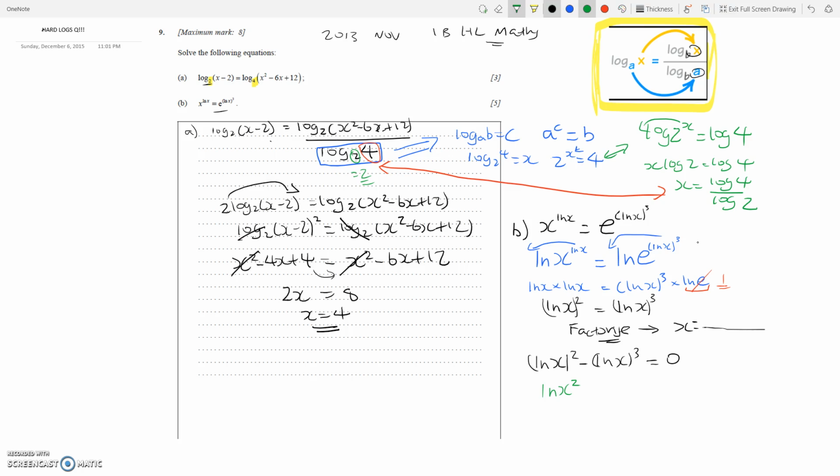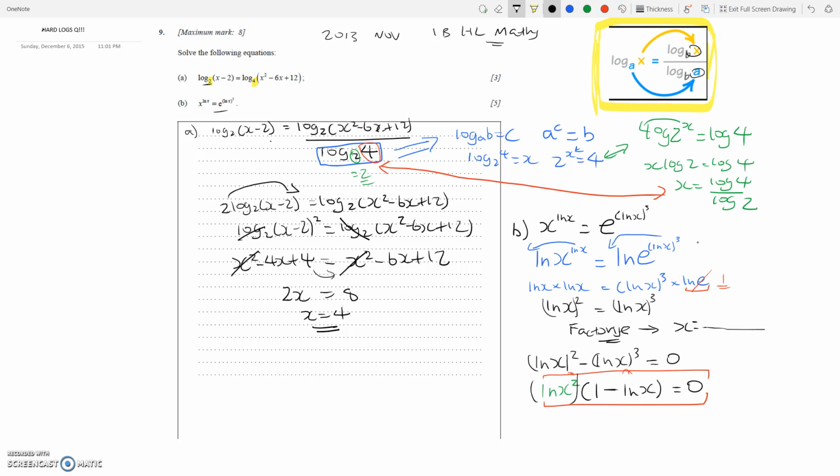That's a common factor. So that's ln x squared times 1 minus ln x equals 0. That's a key step right there. If we can factorize and get it to this form, the other steps will be pretty easy. So again, ln x squared times 1, which is this particular thing, minus ln x squared times ln x, which is this one.